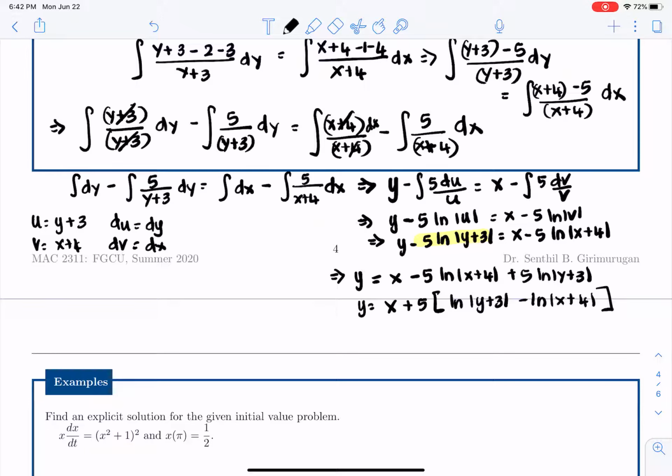And if we use the properties of logarithms, we'd simply write it as ln of y plus 3 over x plus 4, and plus a constant. Again, this is an implicit solution because y depends on a function of y.